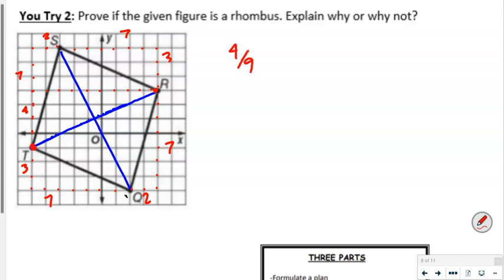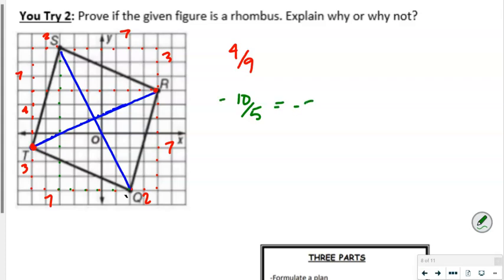So that would mean the slope of the other one would have to be negative 9/4, right? So we're going to see if it is. So in this we're going to count down. And it is negative. We know that. We can see it's falling. 1, 2, 3, 4, 5, 6, 7, 8, 9, 10, and 1, 2, 3, 4, 5. 10 over 5, and that was a negative 10 over 5, right?